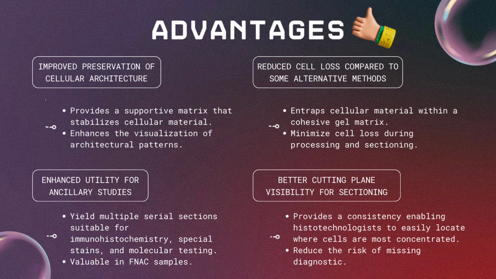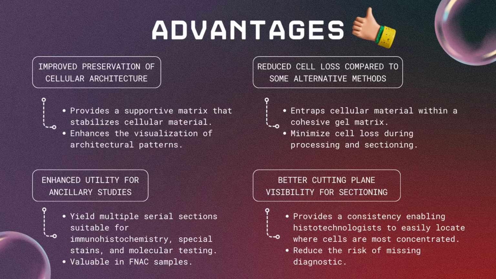Assalamualaikum and hello everyone. My name is Nur Avni and I will continue on the explanation of the advantages of the histogel cell block method in cytology, particularly in FNAC samples. First, histogel improves the preservation of cellular architecture, unlike conventional FNAC smears, where cells are spread on a slide.